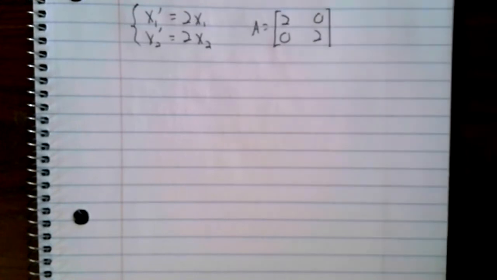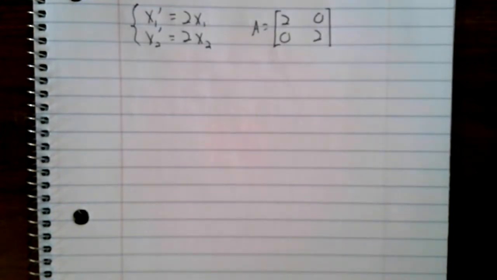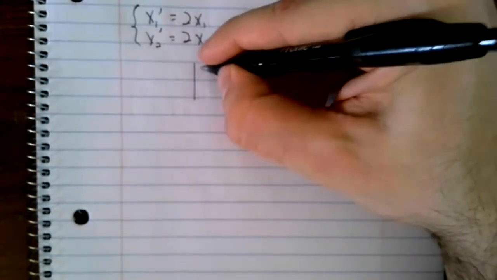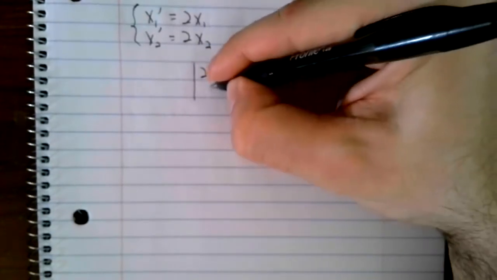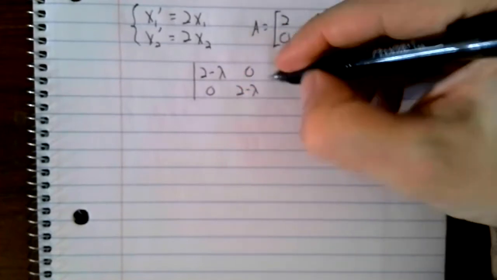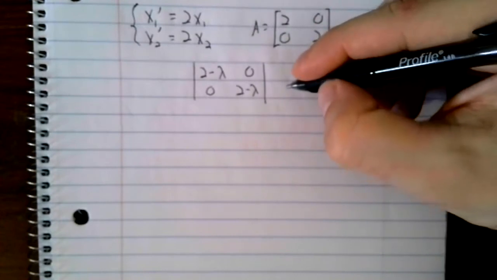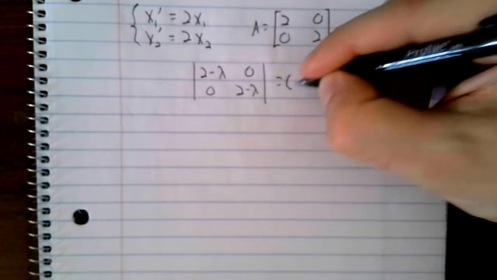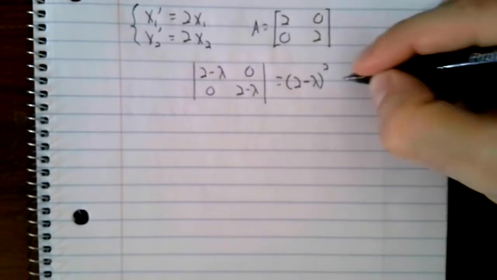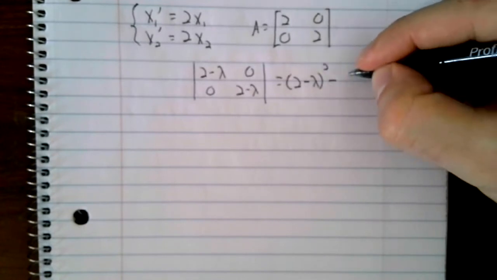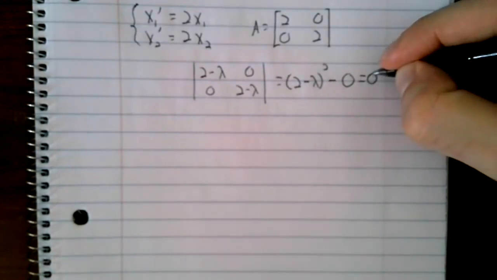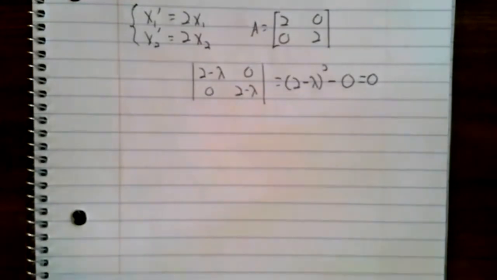First, we find the characteristic polynomial, the determinant of A minus lambda I. Multiply the diagonal and the anti-diagonal elements, subtract them, and set the result equal to 0.